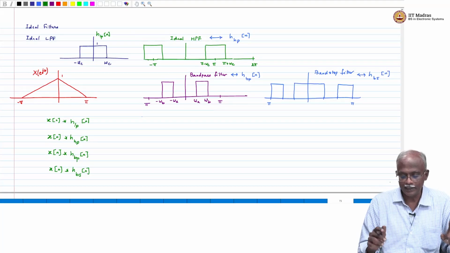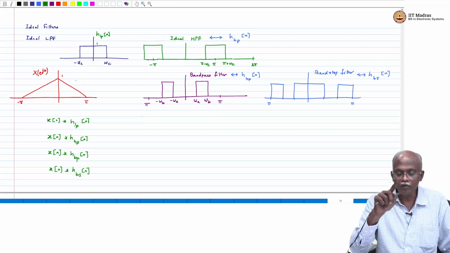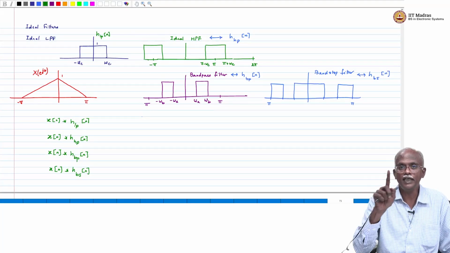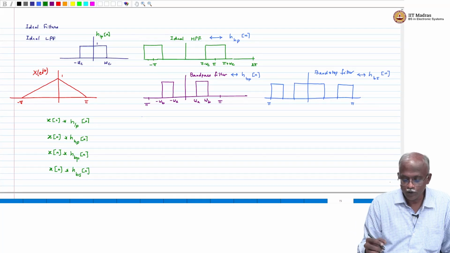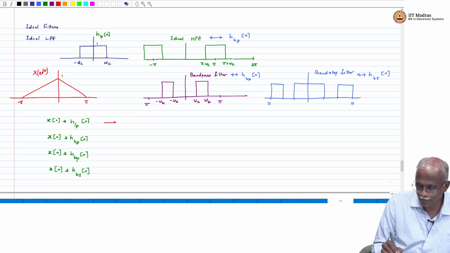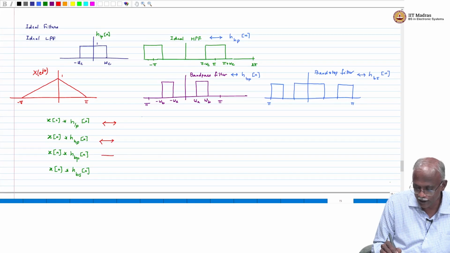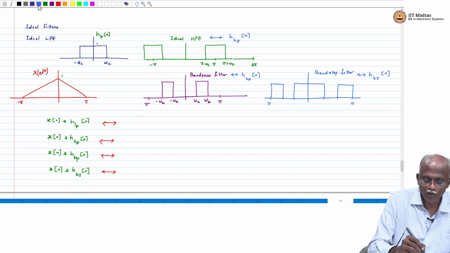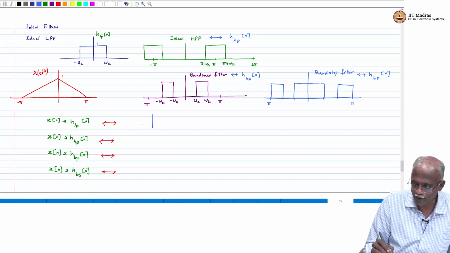But on the other hand, if you apply the convolution property, it says convolution is multiplication in the frequency domain. Rather than compute in the time domain, where I will not get much intuition as to what sort of changes are happening to my signal, I can give you the following response very, very quickly.